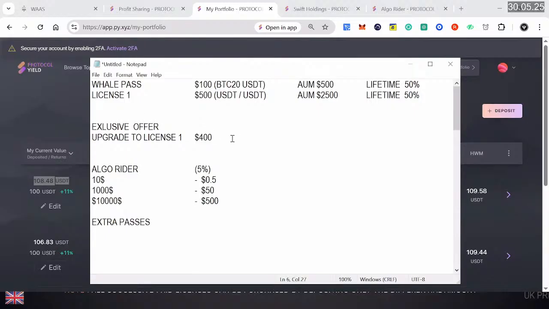But for a few privileged ones who have purchased the whale passes, in different WAAS accounts, they now have an option to upgrade. With this $400, they can include $200 in BTC20 plus $200 in TRC USDT, or Polygon USDC.